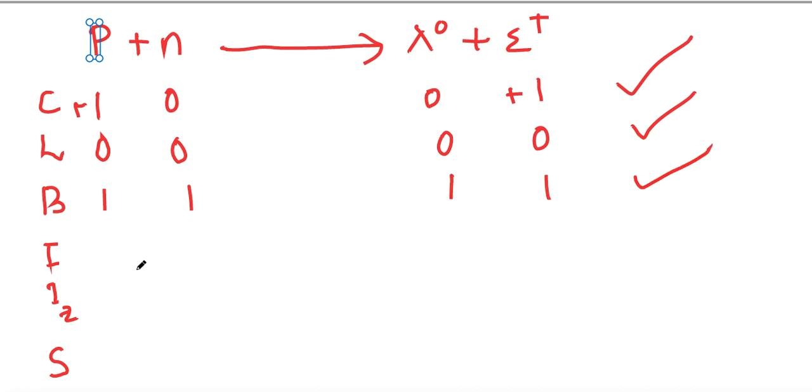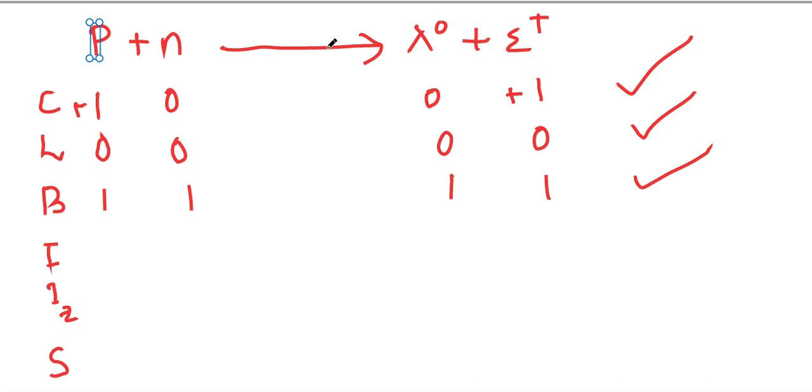Now let us take isospin. The question is how you will calculate isospin. Suppose proton and neutron are taken, they are a multiplet. The number of members in the proton and neutron multiplet is 2.